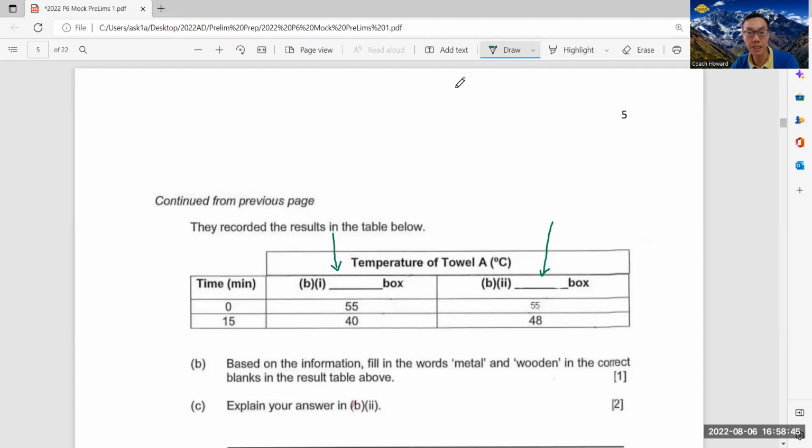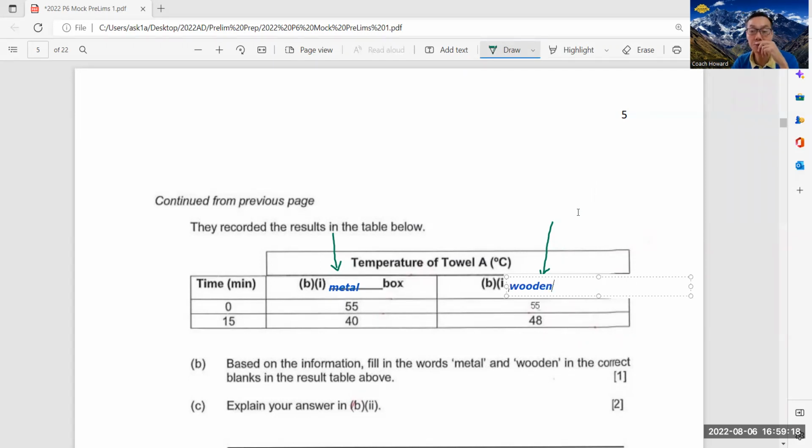So we must understand that metal is a better conductor of heat, right? Correct. So in this one, you should type metal on the side. Wait, the box is hard to shift. So on the left is metal. On the right is wooden, right?